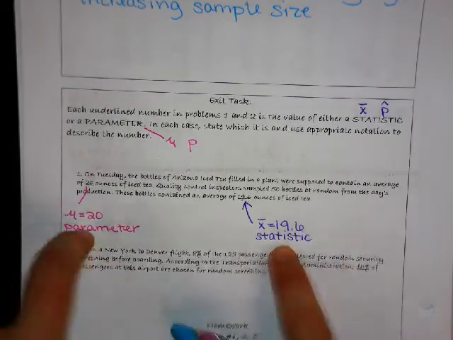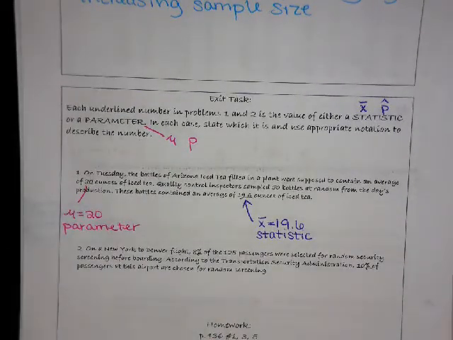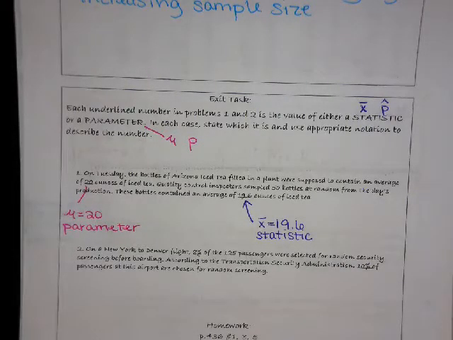All right, number 2. On a New York to Denver flight, 8% of the 125 passengers were selected for random security screening before boarding. According to the Transportation Security Administration, 10% of passengers at this airport are chosen for random screening. Which one, 8% or 10%, do you guys think is our statistic? 8%.